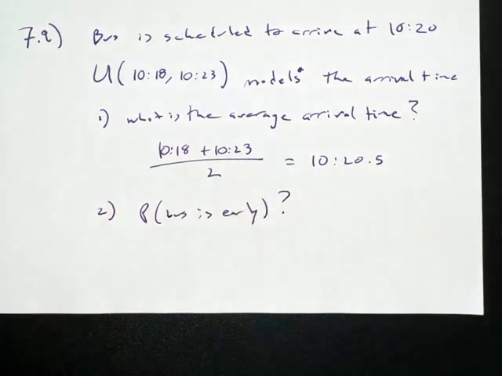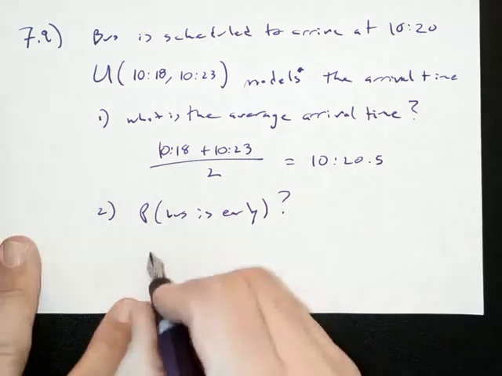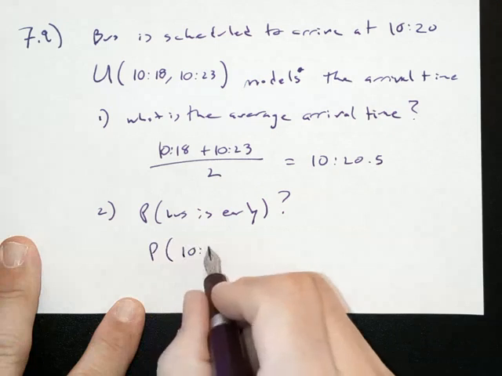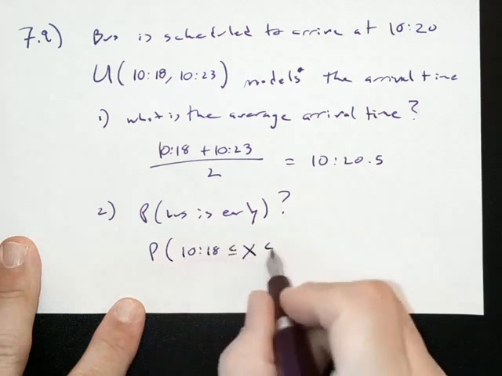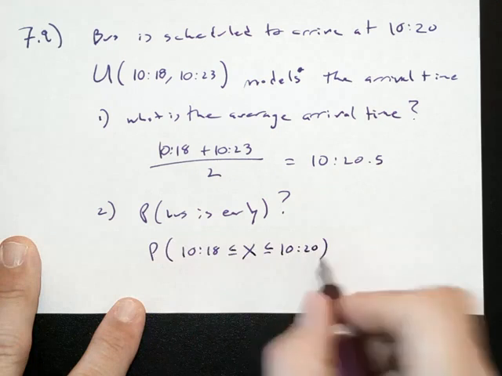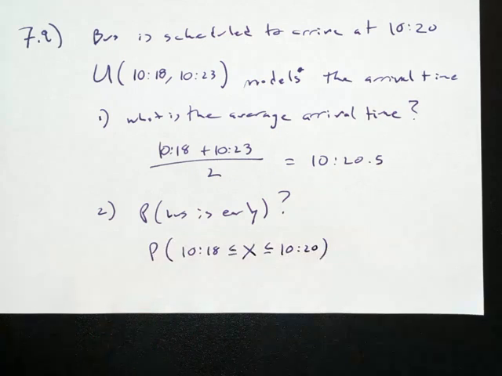What is the probability that the bus is earlier than scheduled? That would be earlier than average, right? But it's scheduled for 10:20. So really what I'm asking is what's the chance that my arrival time is between 10:18 and 10:20? Now this is where you might think, oh, well, I need some formula for this.